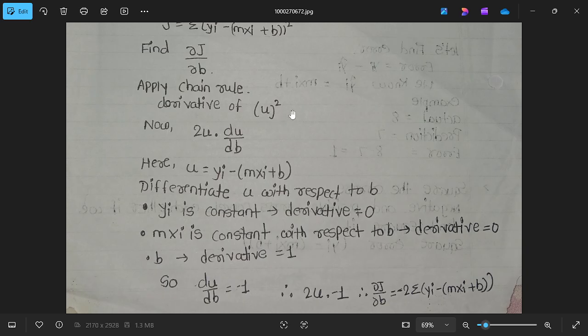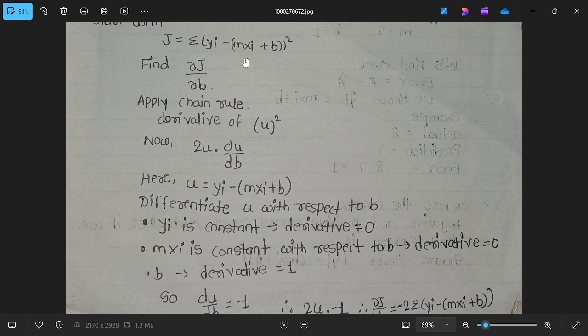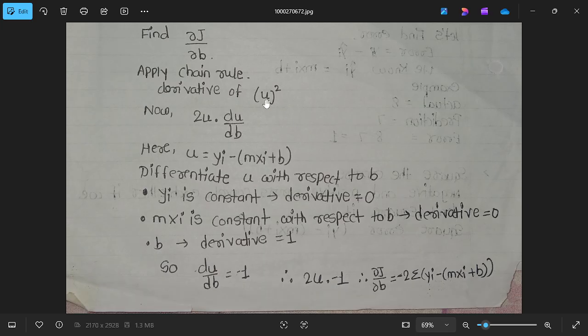Now we have the u square here. We are not going to focus on the inner function. Let's focus on the outer function, which is x square. As per the power rule, for the x square we have to apply the power rule.